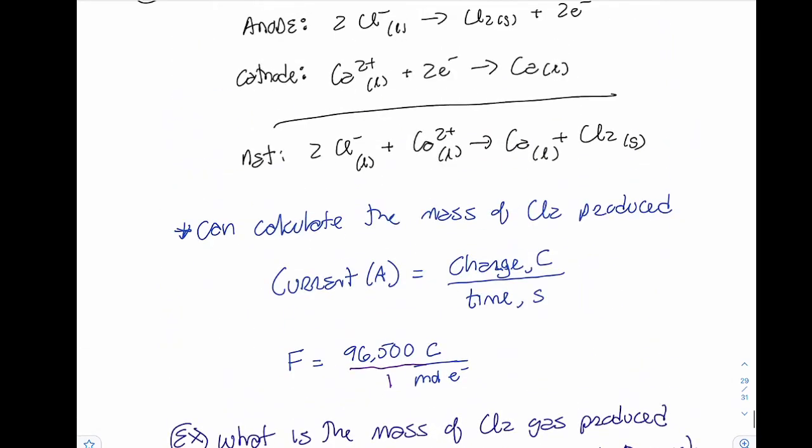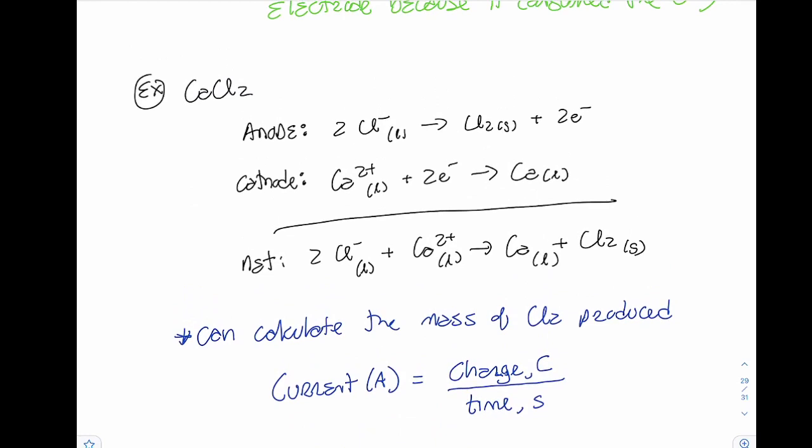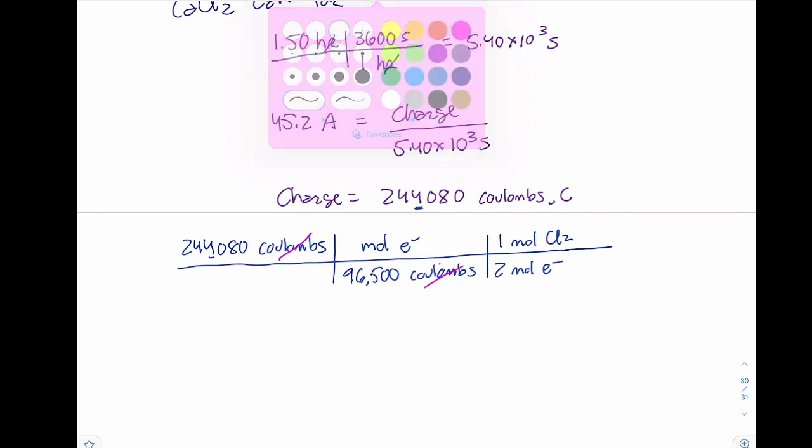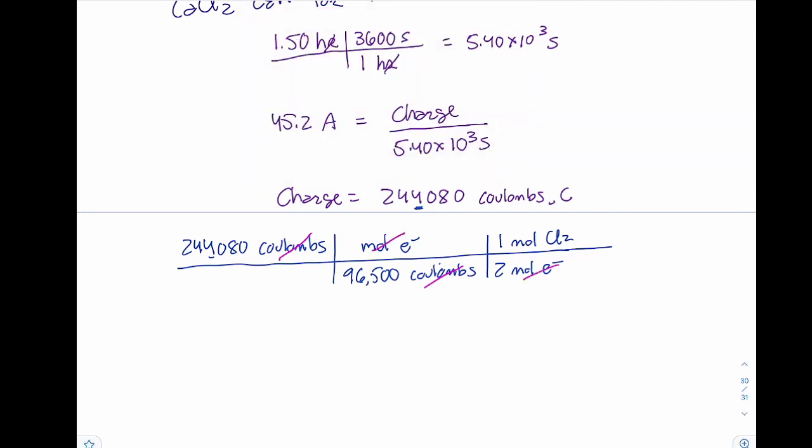So let's scroll back up to our equation here. For every 1 mole of chlorine gas, I have 2 moles of electrons. So we're going to use that as our conversion factor. So 2 moles of electrons for every 1 mole of chlorine gas, and the moles of electrons now cancel.